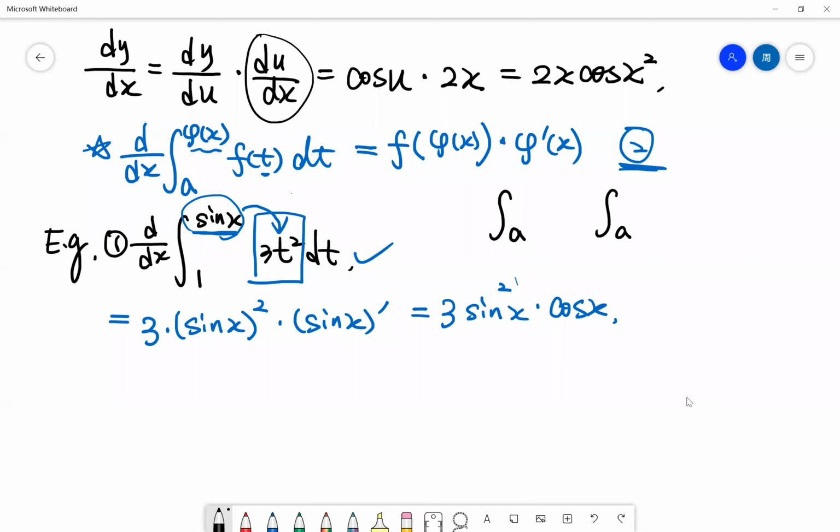And the upper limit, you should check: if the upper limit is x itself, only x here, then you choose number 1. If here it's a function of x, I write phi x here, or you can write g x here, then we choose number 2. Can you understand? Of course, sine x here means a function of x, so we choose number 2.